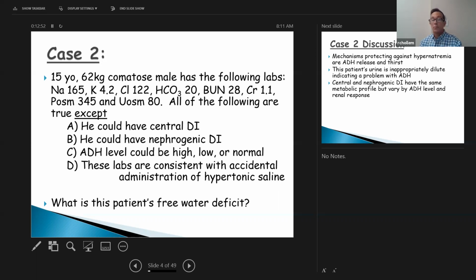Right, so the ADH level varies based on the type of DI. And if you salt load yourself and get hypernatremia, the urine should still be concentrated, so you shouldn't have that dilute urine.